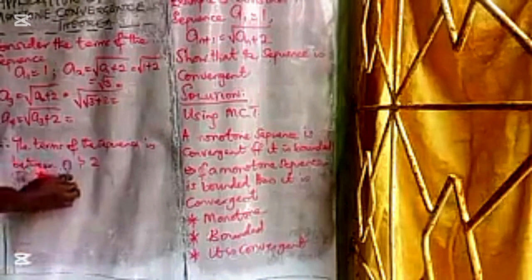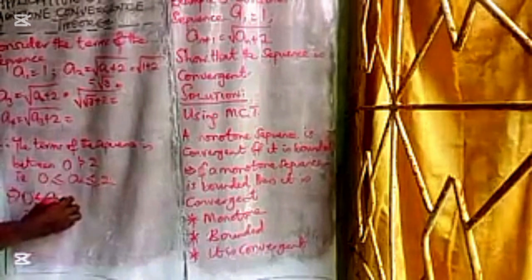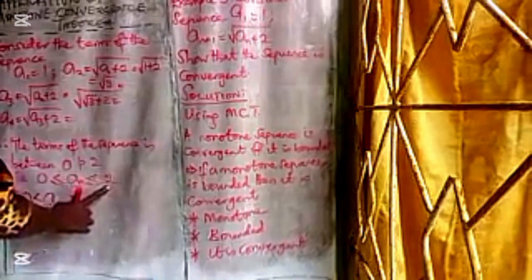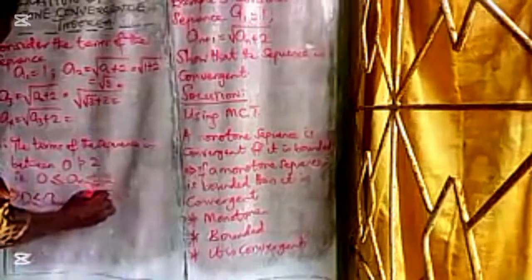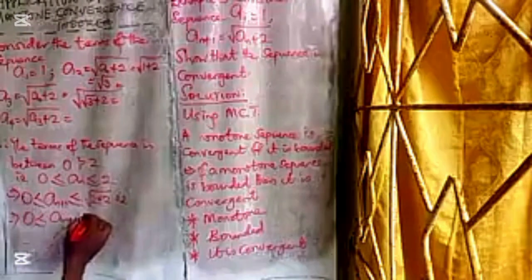That is, 0 is less than or equal to a_n less than or equal to 2. This implies that 0 is less than or equal to a(n+1), which is less than or equal to what? Since a_n is less than or equal to 2, that is the square root of 2 plus 2, which is 2. Therefore, 0 is less than or equal to a(n+1), which is also less than or equal to 2.